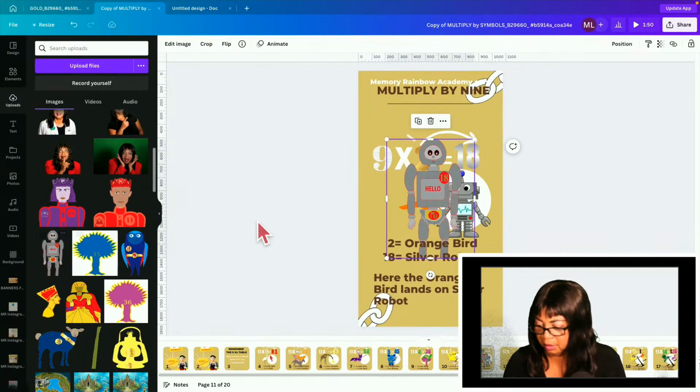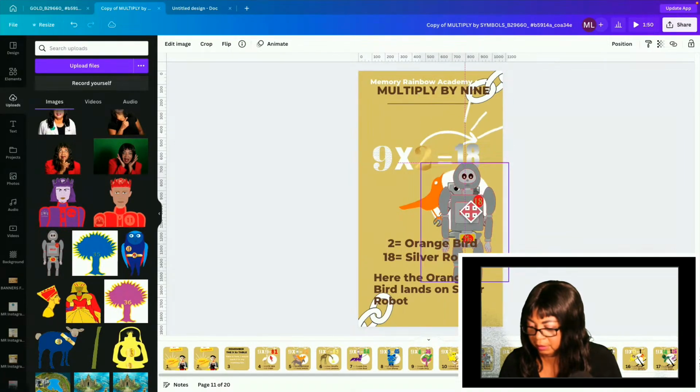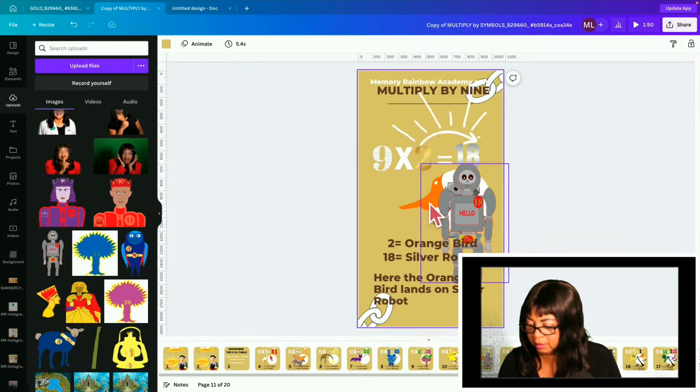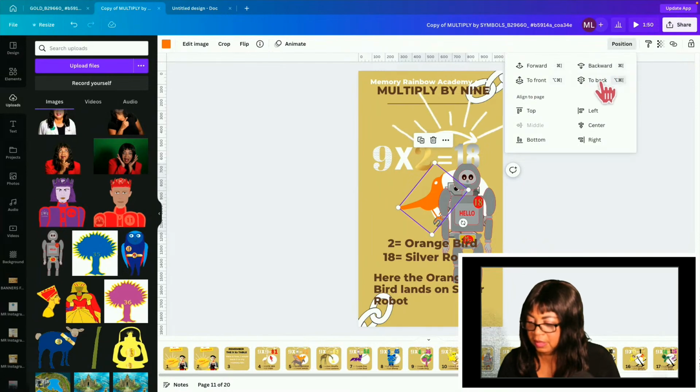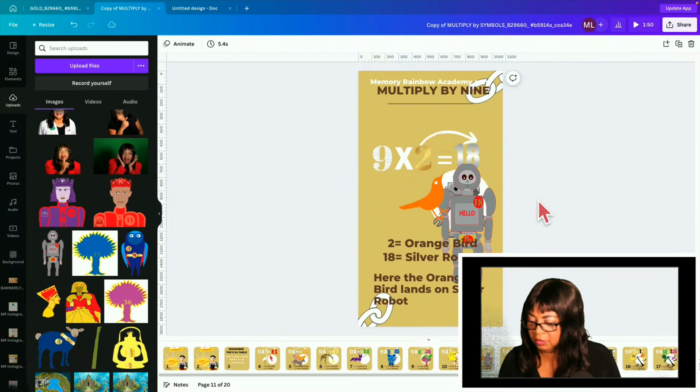It should be this robot with the bird. So let me see if I can bring that up. And this is basically just how I compose these. In Canva, you can just position things to the front. So there it is, that's positioned to the front.